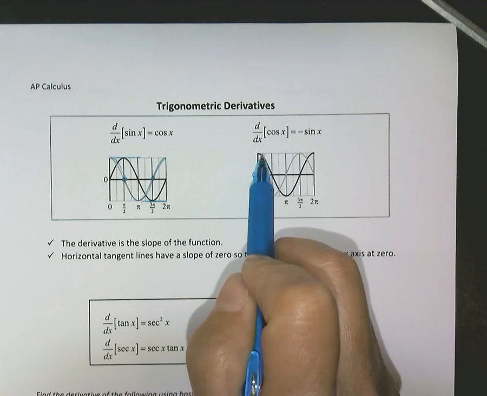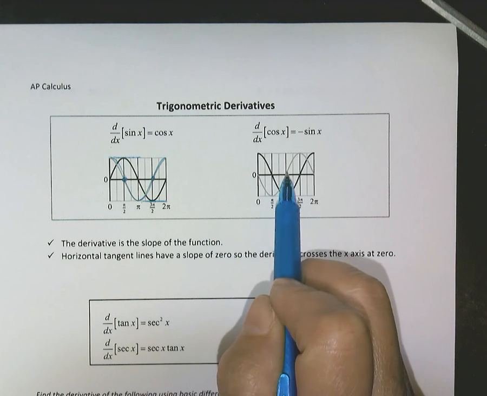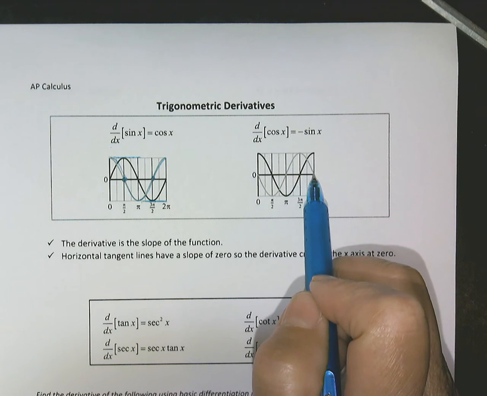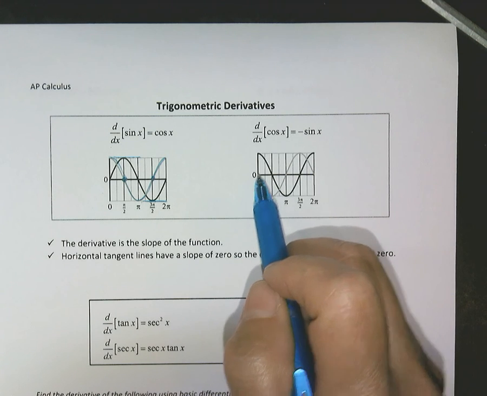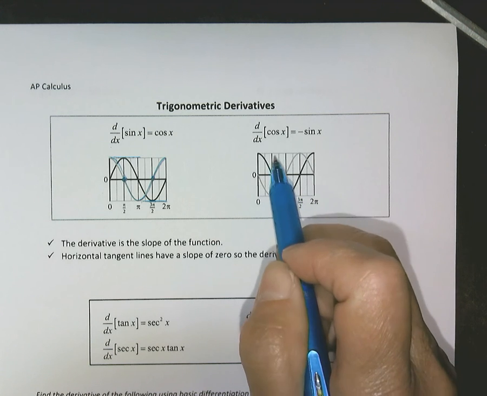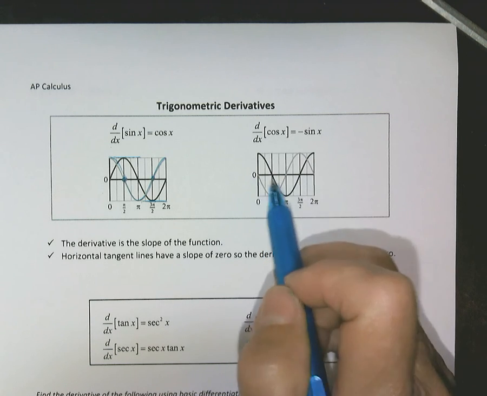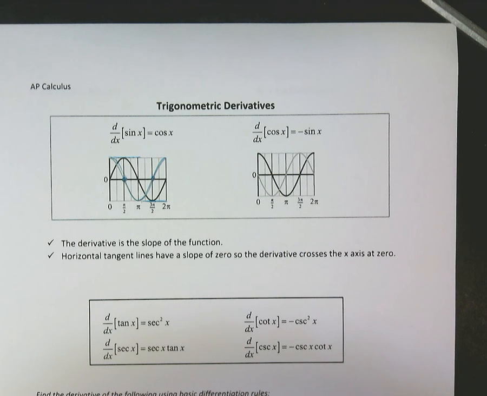Here you've got 0. There's a 0, slope is 0. Here's 0, slope is 0. There's 0. But now the derivative graph wouldn't look like a sine graph. This is going to be a negative sine graph.